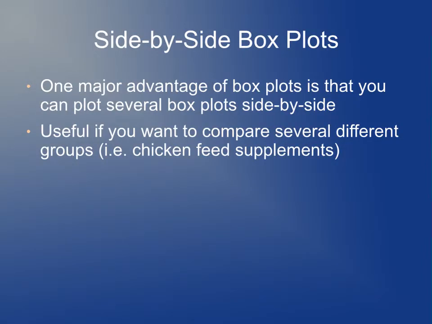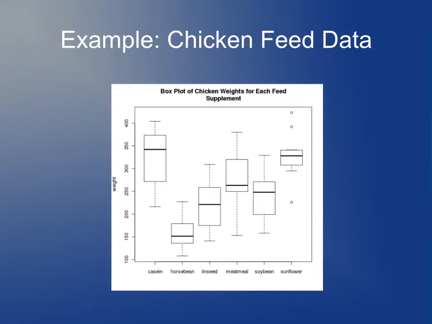One really nice thing about box plots, if you want to compare a couple of groups, is that you can plot several box plots side by side, which is useful if you want to compare the different types of chicken feed supplements. For example, with the chicken feed data here, I plot a separate box plot for each type of feed.